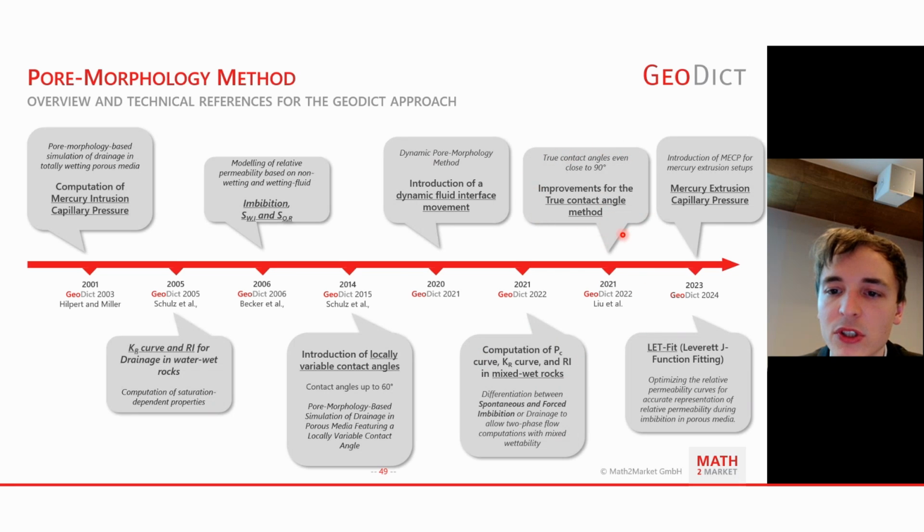The implementation of the true contact angle method, which accounts for the true contact angles that were usually a little lower than expected. And then this year, mercury extrusion capillary pressure and LET fit, as was mentioned by Christian before.